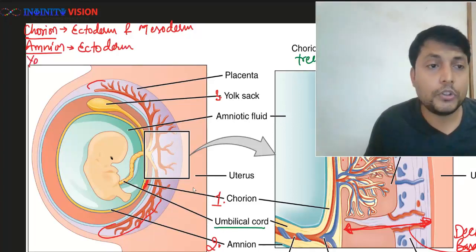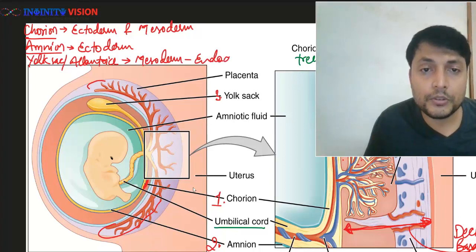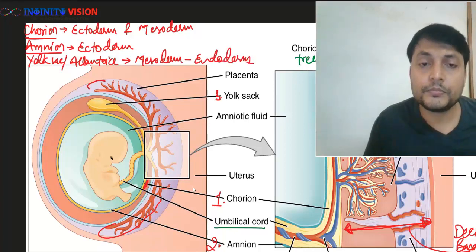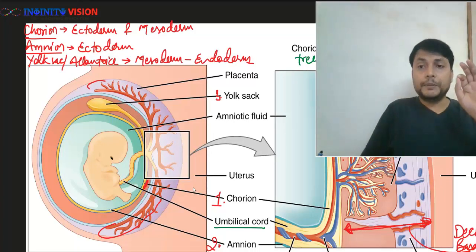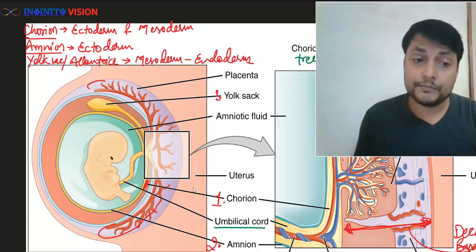And if we are talking of yolk sac, which is also known as allantois, it is made up of mesoderm and endoderm. Please remember that there are these three extra embryonic membranes.